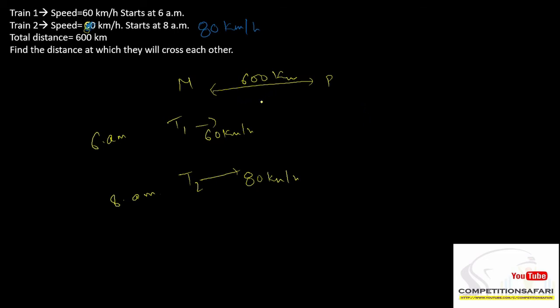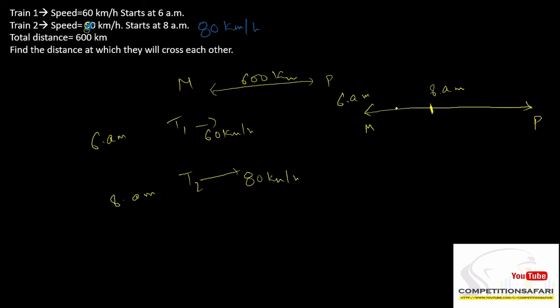So let's see what we have here. We have a timeline, Mumbai, Pune, and the starting time is 6 a.m. So at 6 a.m. train 1 is at Mumbai, after 2 hours, which will be 8 a.m., it will be 2 hours ahead.